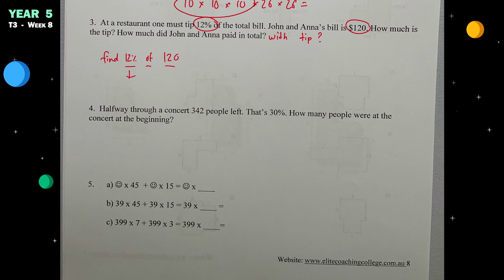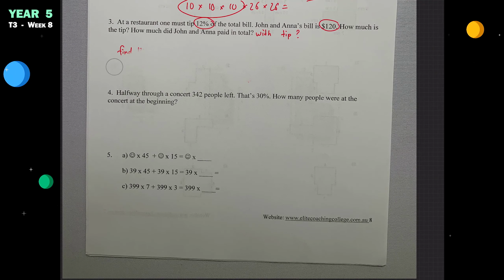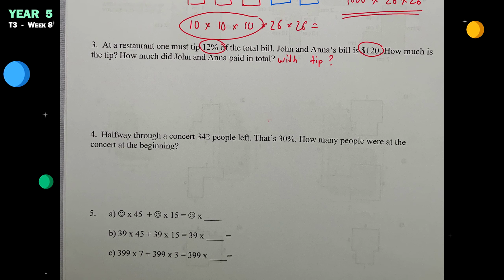Actually, yeah, we'll do that way. I was going to do it this way, maybe I should do it that way. Okay, let's do that way, might be easy to understand. Okay, I'll draw the table again real quick. So you have the original bill, you have the tip, and you have the total bill, the final bill.